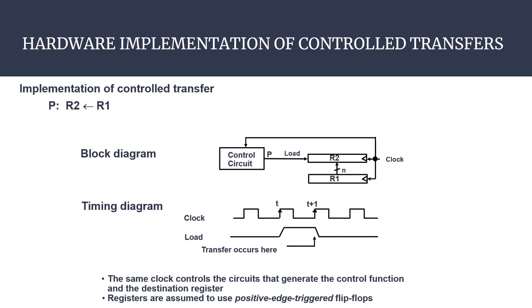Okay, so these are some points, like the same clock controls the circuits and generate the control functions, and the destination register. Registers are assumed to use positive edge triggered flip-flops. Means the value of rising edge is 1 and falling edge is 0. Okay, so this is the hardware implementation of control transfers.